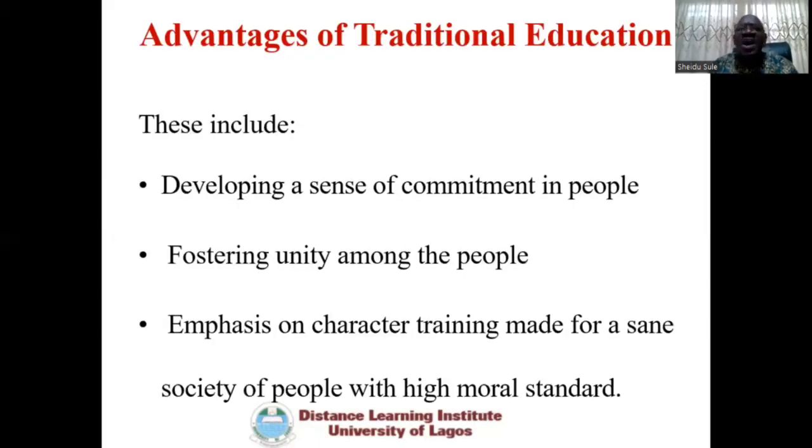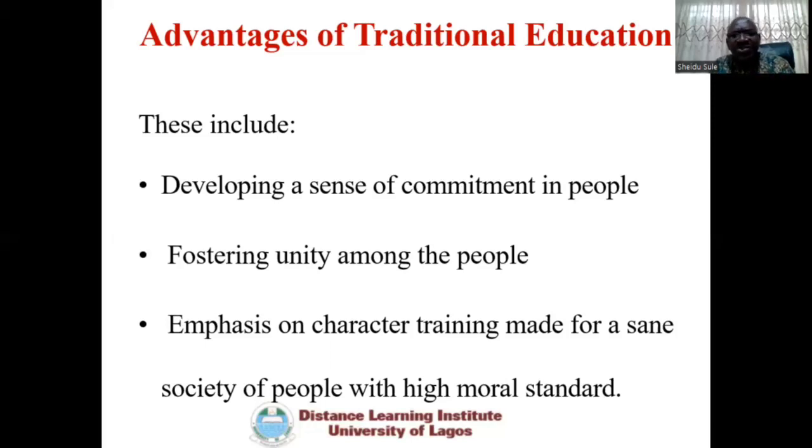Advantages of the African traditional education. In fact, it has numerous advantages. Some of them include the following: developing a sense of commitment in the people. It also fosters unity among the people as everybody groups together to do community activities without any social or class distinction.